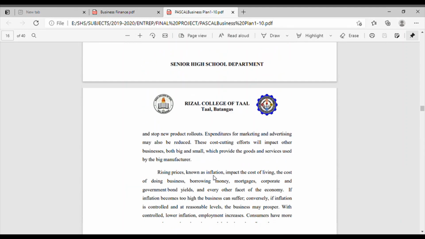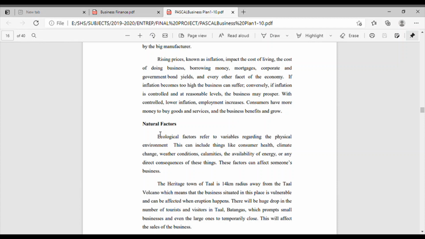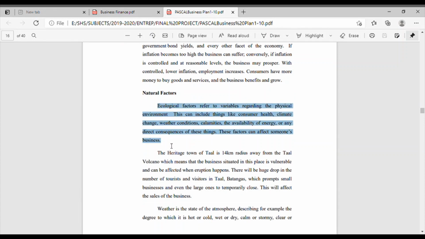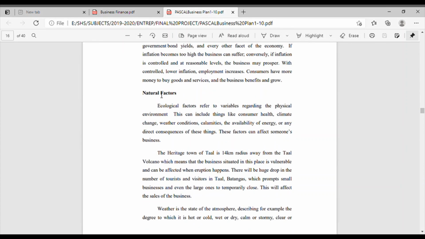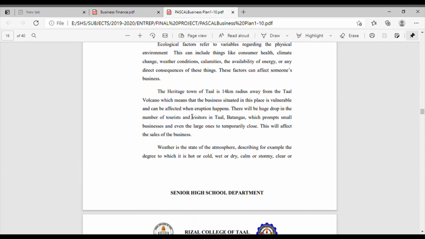In-explain ko na lang. Next is natural factor. So, ano yung epekto ng, again, this is just an introduction. And then, ano yung kailangan nilang gawin para makasunod sila dun sa rules sa natural factor. So, the heritage town of Taal is 14-kilometer radius away from the Taal volcano, which means that the business situated in this place is vulnerable and can be affected when eruption happens.